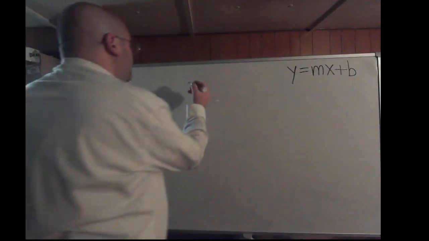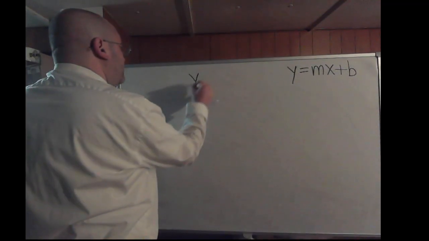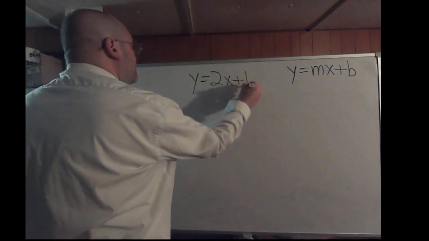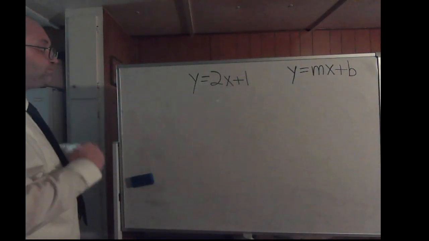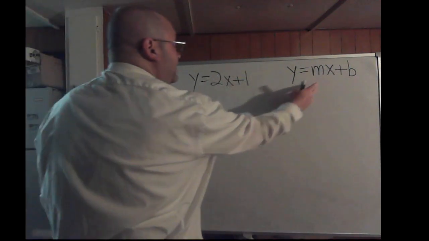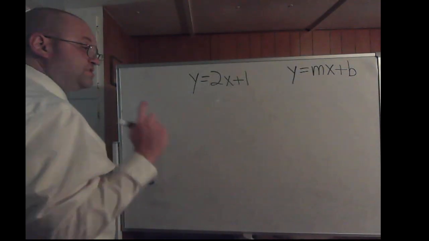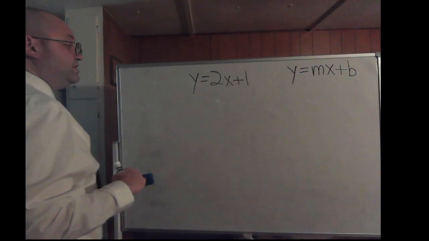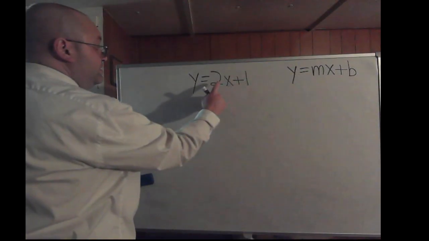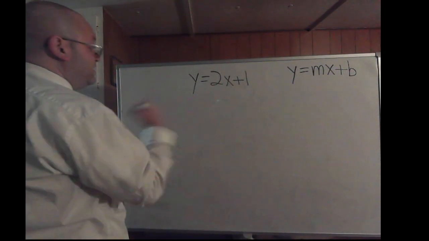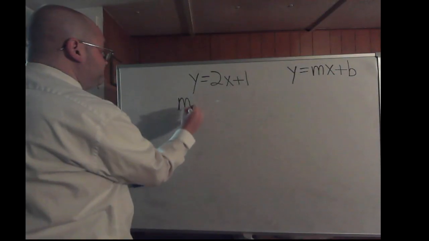Okay, we have y equals 2x plus 1. Well, this is in the form y equals mx plus b. That works. So, first thing we want to do is identify the slope. Well, you have a 2 coefficient on your x term, so therefore your slope is 2.